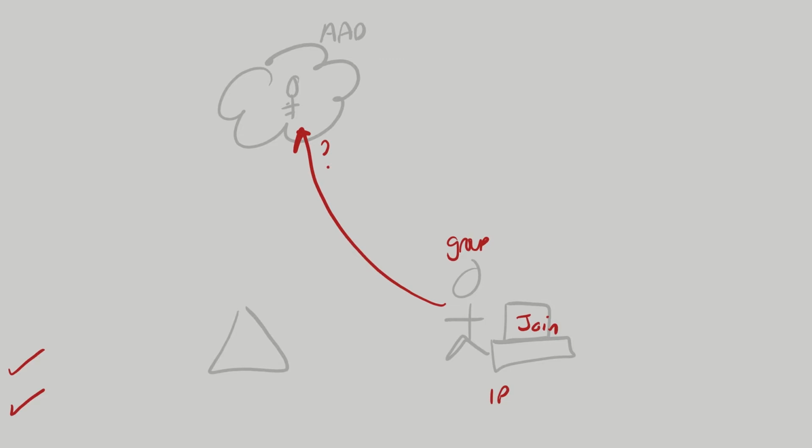That's a hybrid join. A hybrid join is one where the computer is joined both to Active Directory and is also joined to Azure Active Directory. It's an Azure AD Connect component. Let's take away those arrows because they'll just get in the way. Okay? So that could be the join status. So it might be, for example, you could only access Exchange Online if you are on a company-owned machine.